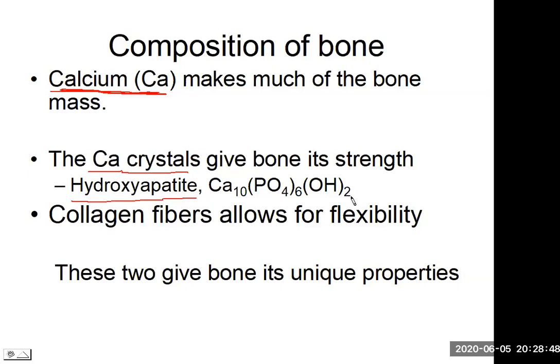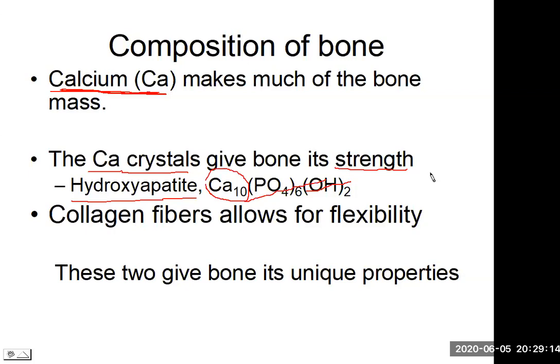And the molecular formula here is just for reference, just to see how rich it is in calcium. We don't have to worry about the entire formula. So this is what accounts for the rigid strength of our bone tissue. So making the bone strong and rigid, of course, giving that protective feature to the deeper internal organs such as your brain, your heart, your lungs.